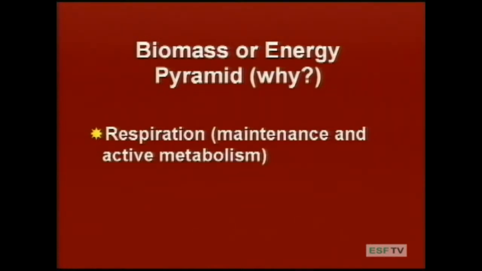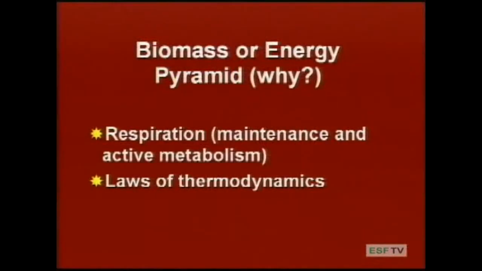When we talked earlier in the semester, we said that organisms need to use some of the energy that they capture. Some of that energy is used for maintenance metabolism. They have to maintain their structure. Other uses of that energy are for active metabolism. So that's moving around, avoiding predators, and catching more food, so bringing in more energy. So that's the main reason.